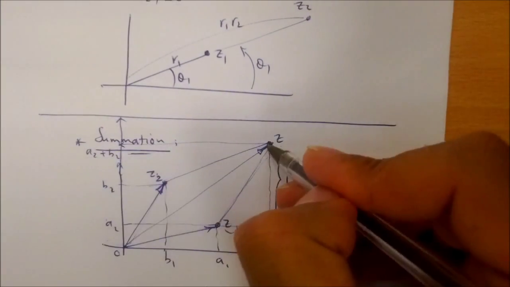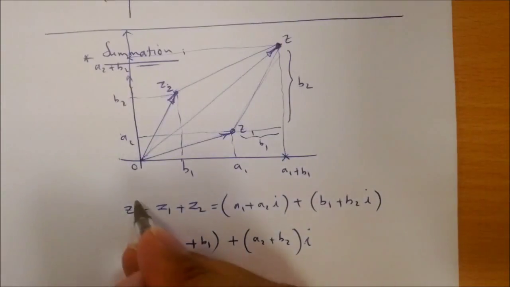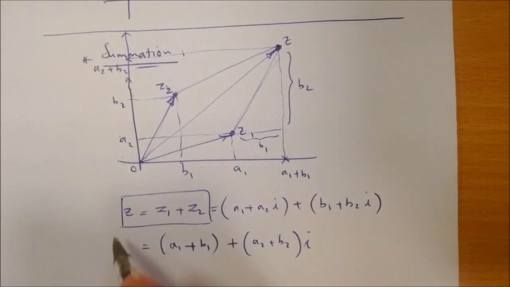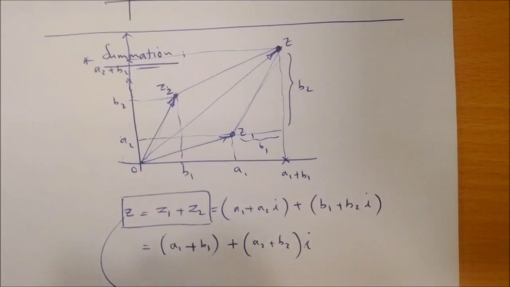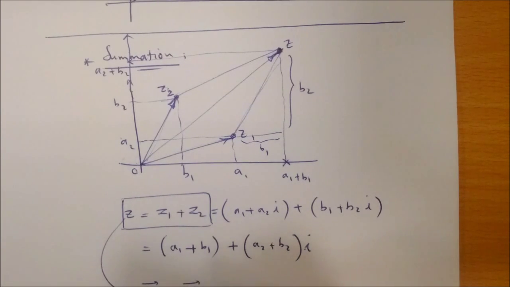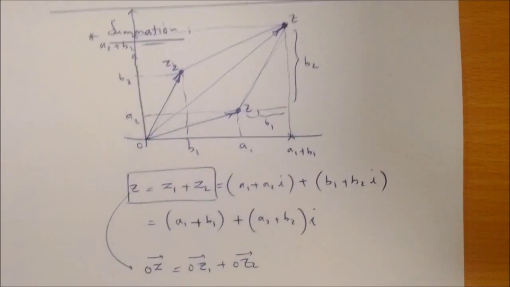So z equal to z1 plus z2 is the same thing as OZ equal to OZ1 plus OZ2.